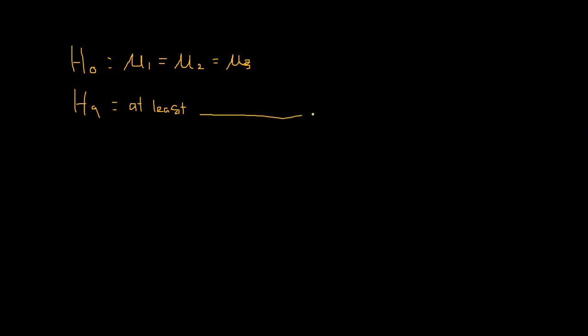You can refer to both of these, how to state the null and alternative hypothesis, based on the lecture notes. Okay, so now after you have stated the null hypothesis and alternative hypothesis, you must get the critical value. So now find the critical value.